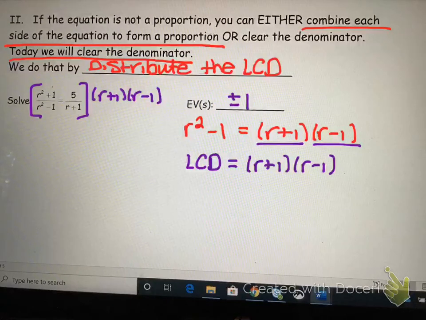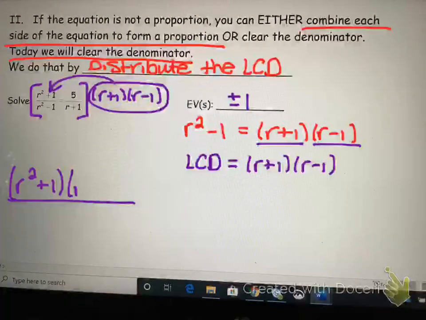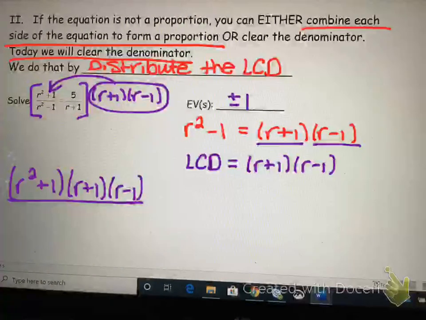Now when we take this LCD and distribute it to the left side of the equation, I'm just going to show this real quick as an intermediate step because most of the time you don't have to show this. What's going to happen is this. The r plus 1 and the r minus 1 technically become part of the numerator.